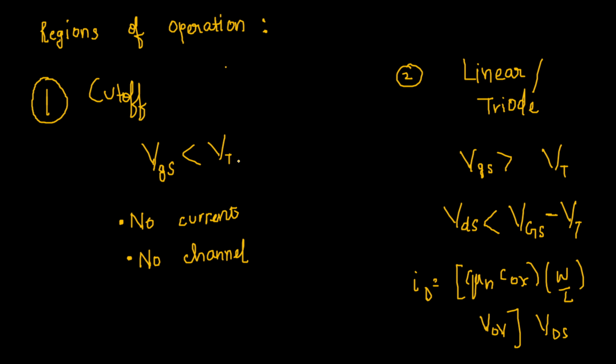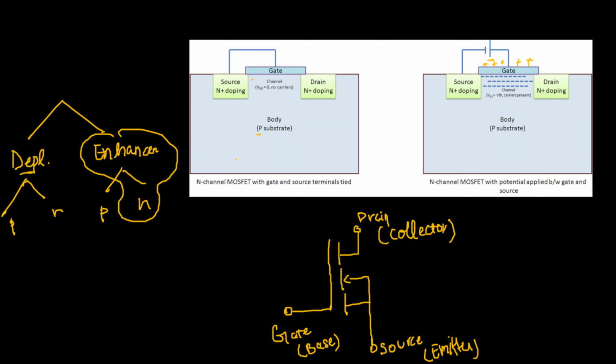There is something called the threshold voltage, right? So what does this threshold voltage signify? It signifies that the channel has been fully formed and now you have a path for conduction. So let's say we apply a very small positive voltage to the gate.